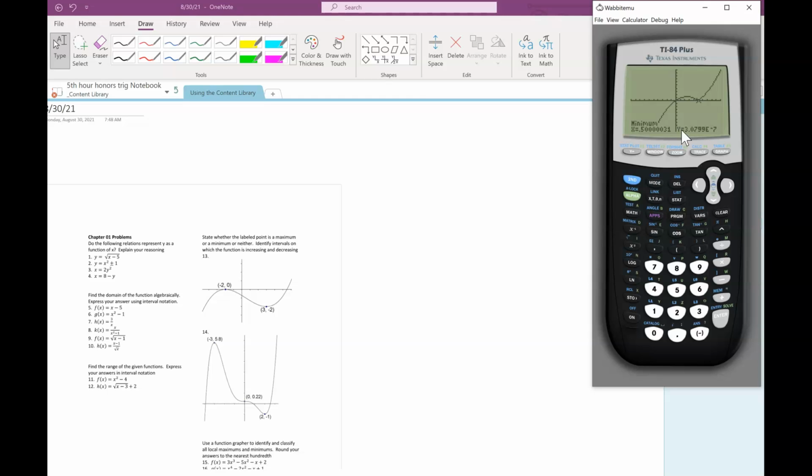It might disagree with what I have here. It has to do with the approximation algorithm that the calculator is using to do this, because it's not actually doing the calculus to get the solution. It's doing an approximation thing, and it's probably set up where after so many passes through, it just stops, and whatever's left is what it's calling it.